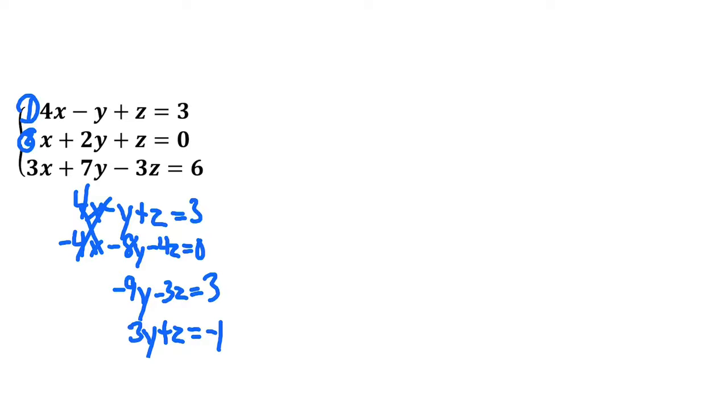Now, we have another equation that we want to make, and for that I'm going to use equations 2 and 3. So that's going to end up being 3x plus 7y minus 3z equals 6. And then I'm going to multiply equation 2 by negative 3.